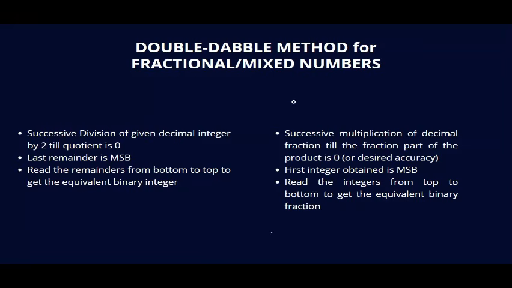What we saw was the conversion for an integer, 21. Let us see how to do the double-double method for fractional or mixed numbers. As before, for the integer part, successive division of the given decimal integer by 2 is done, and the remainders are read in the reverse order to get the equivalent binary integer.